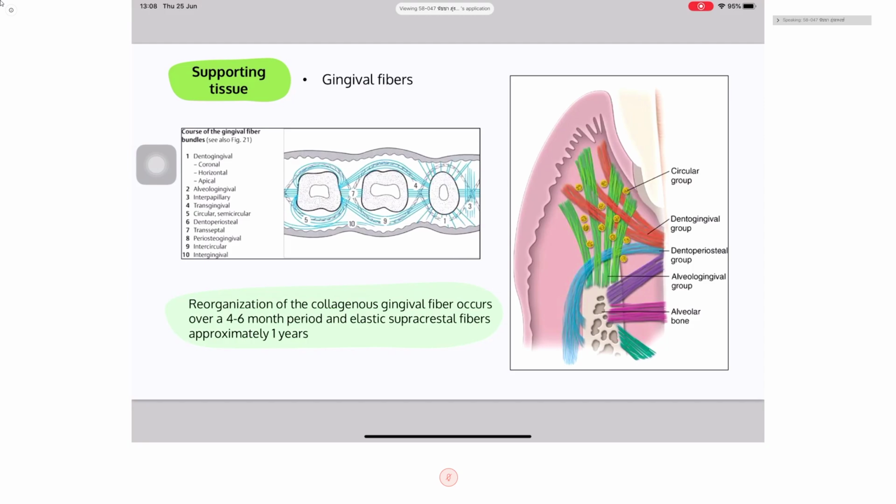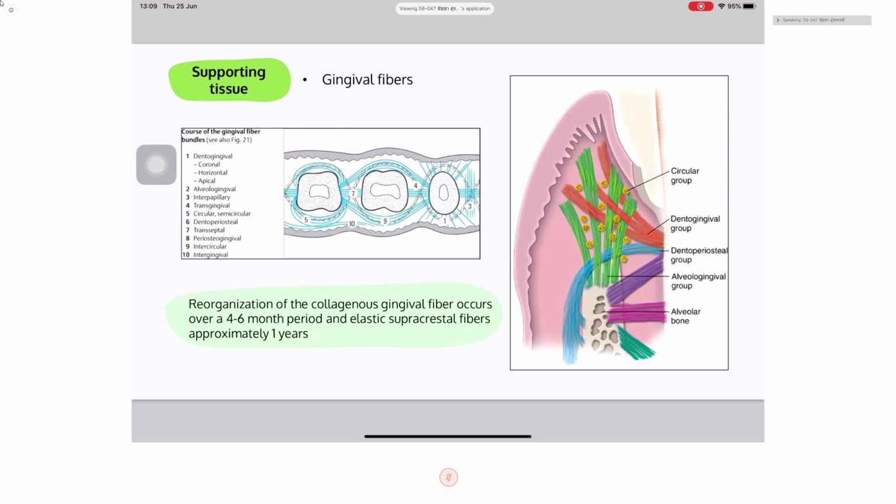Within 4 to 6 months, the collagenous fiber network in the gingiva normally completes its reorganization, but the elastic supracrestal fibers remodel extremely slowly and can still displace a tooth more than a year after removal of an orthodontic appliance. The direction of potential relapse can be identified by comparing the position of the teeth at the conclusion of treatment with the original position.